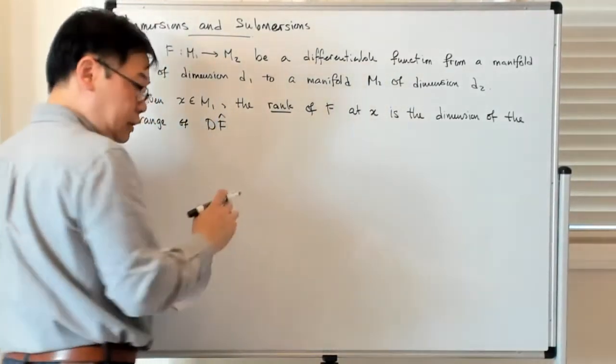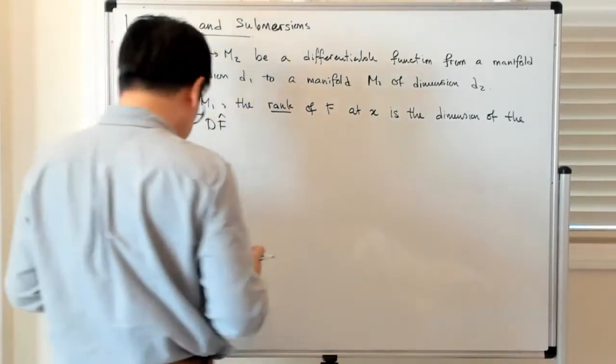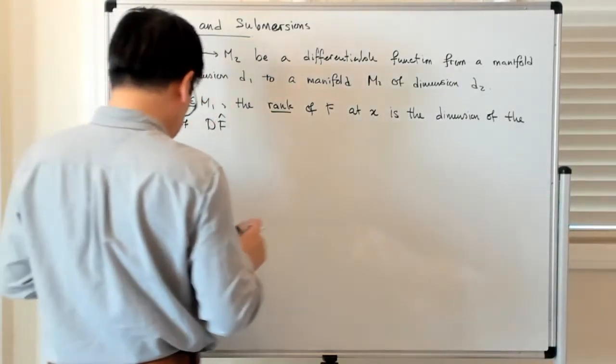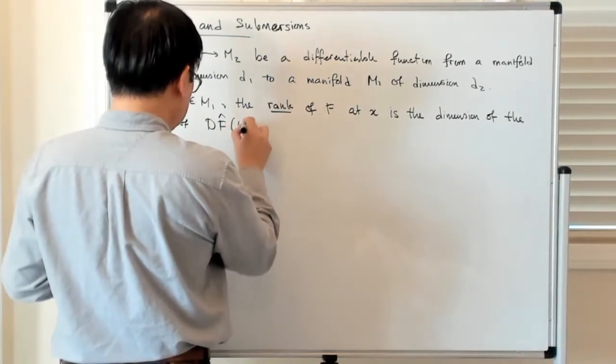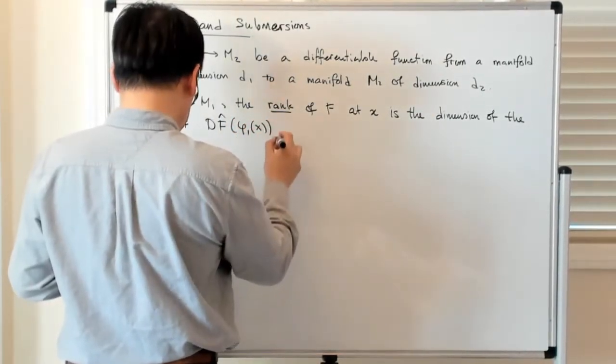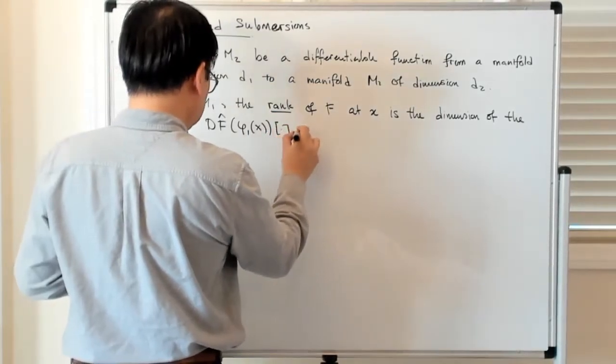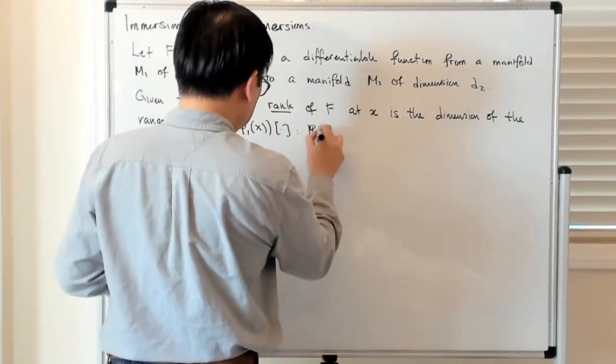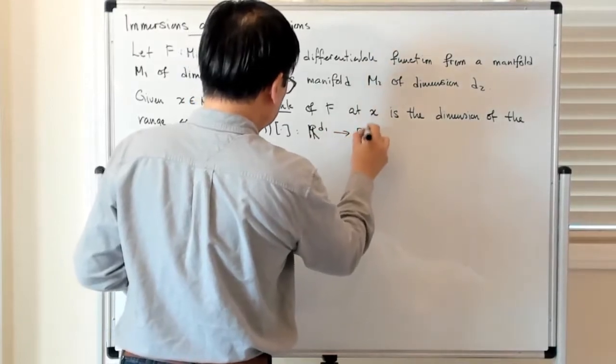So it's the linearization of the coordinate representation, which is a map from R^D1 to R^D2.